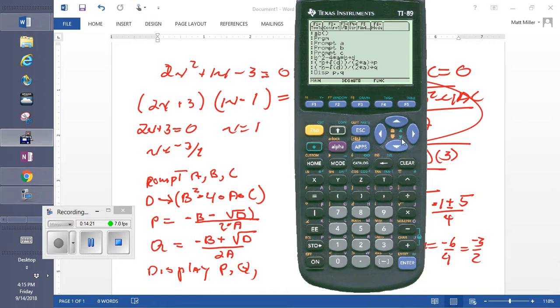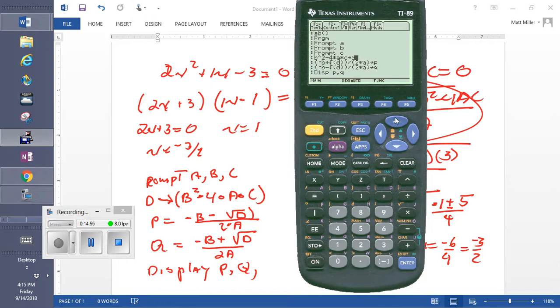I think I can just move that over and replace that: b squared minus 4ac, right? I had ab, and so alpha C goes in there, and that's going to be assigned to alpha D, all right?